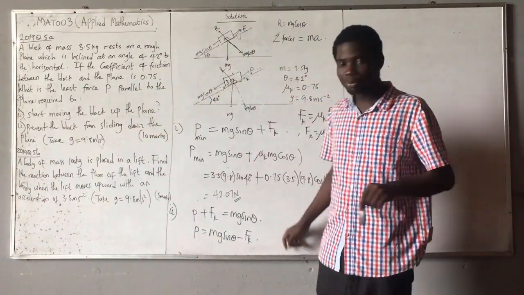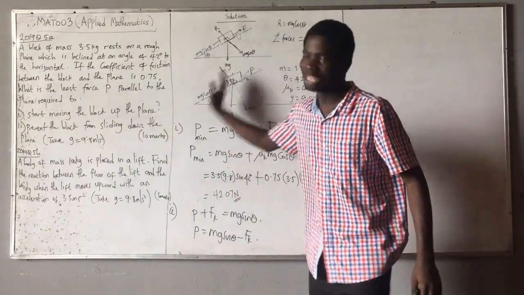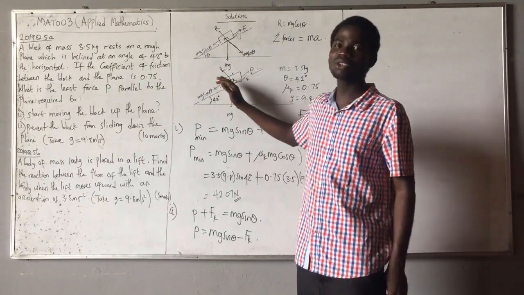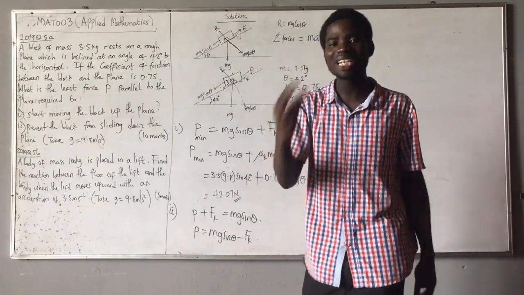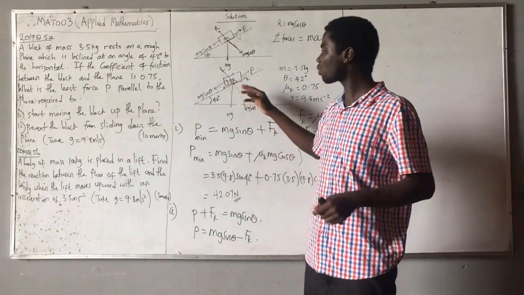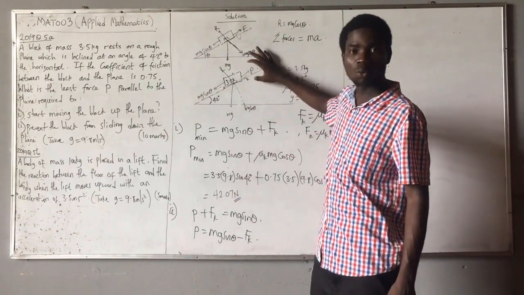So now what happened here, again let me explain to you, is this is what wants to bring it down. So the force that is trying to bring it down is mg sine theta. What is preventing it from falling? If you look at it that way, the only thing that is preventing it from falling is this Fk. So subtract that means that you need to put another force.